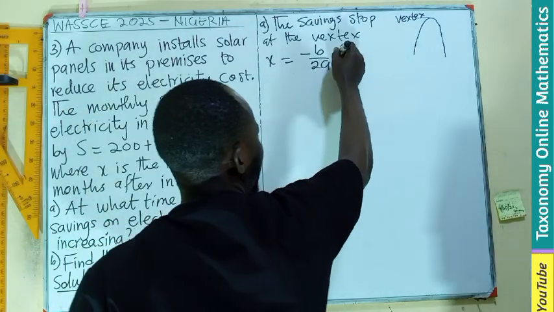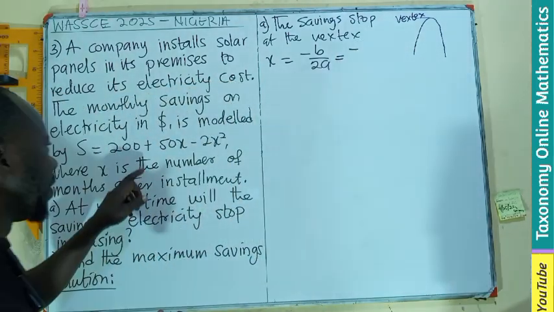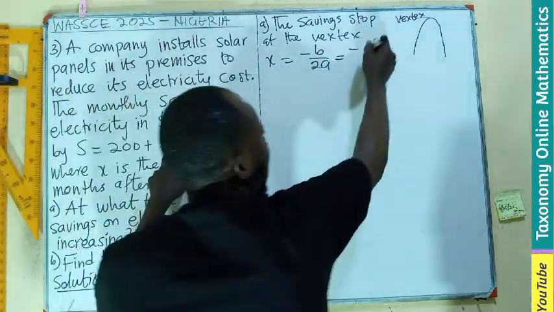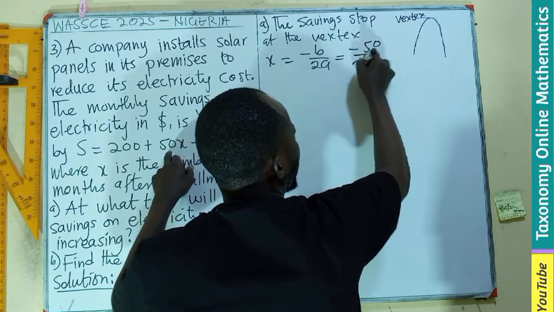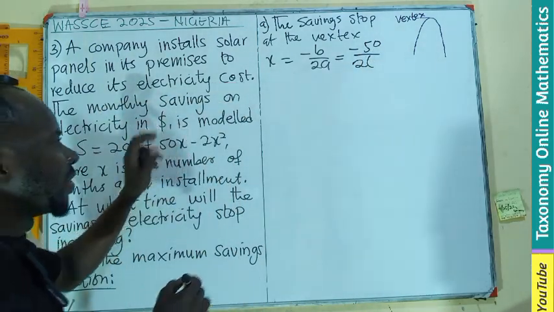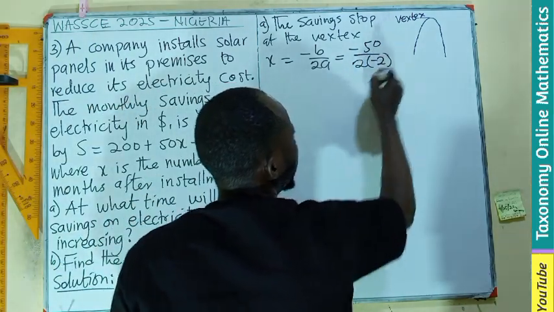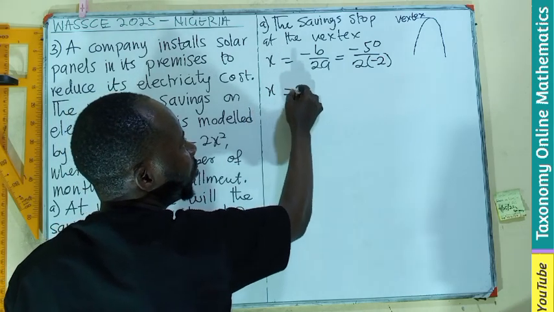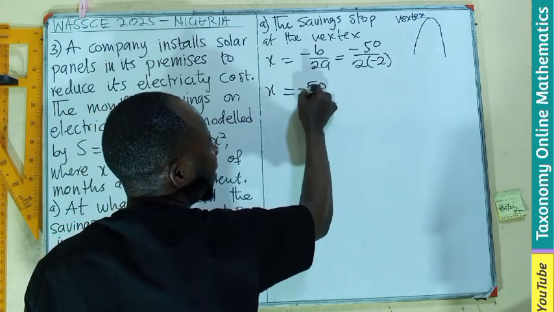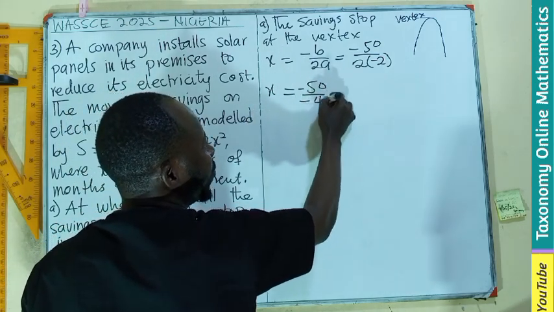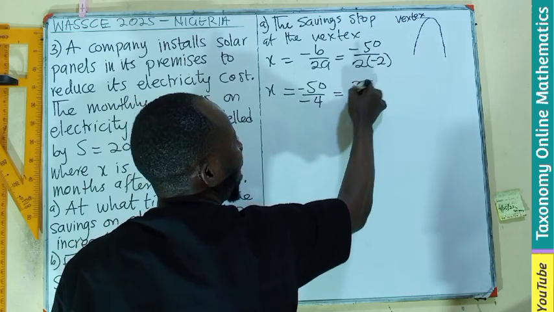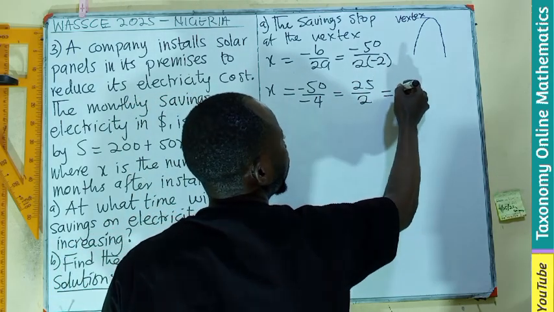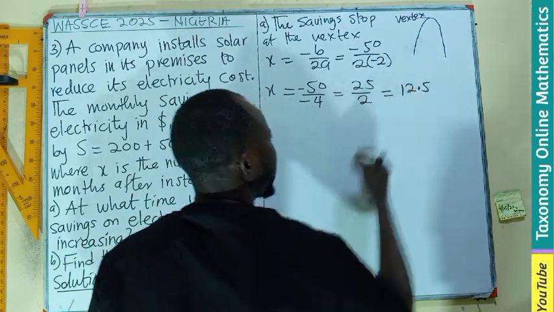So this is just going to be negative b. Where is the b? 50, over 2 times a, which is now negative 2. So your x is going to be negative 50 over negative 4. That gives you 25 over 2, equals 12.5.